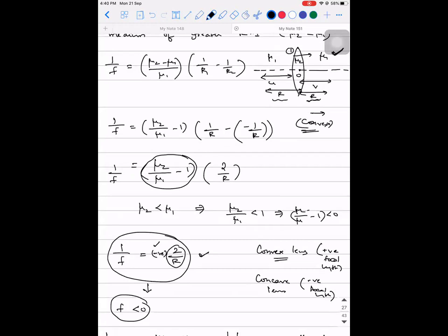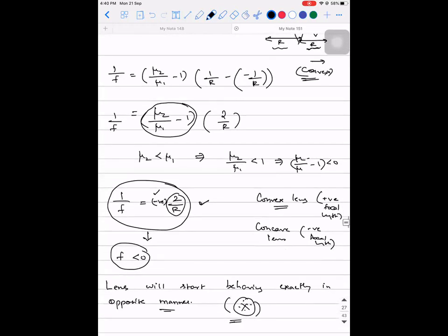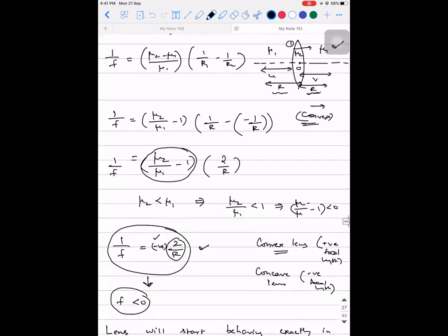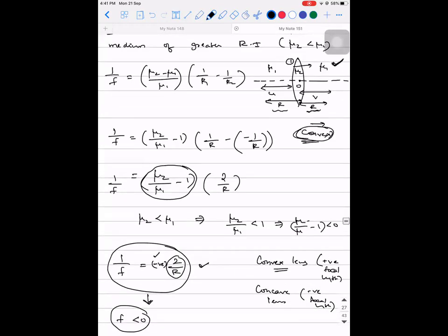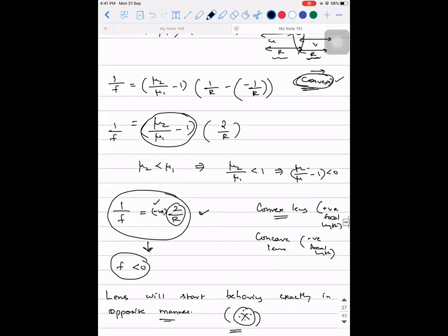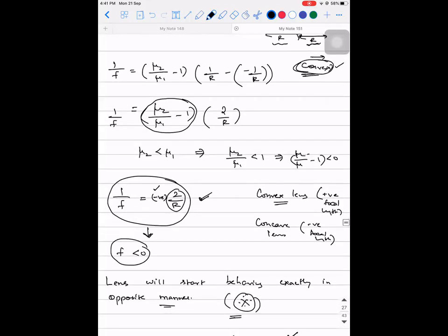How is it positive, sir? You just have written down here that f is less than 0. F is less than 0 means what will happen? Mathematically I'm getting the final expression. What is it that I've used? I've used a convex lens, right? So for the convex lens, I'm trying to use the lens maker's formula and derive the focal length.